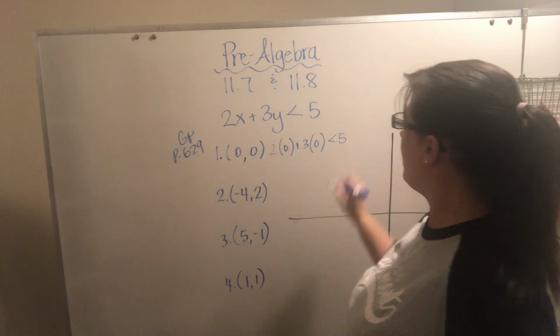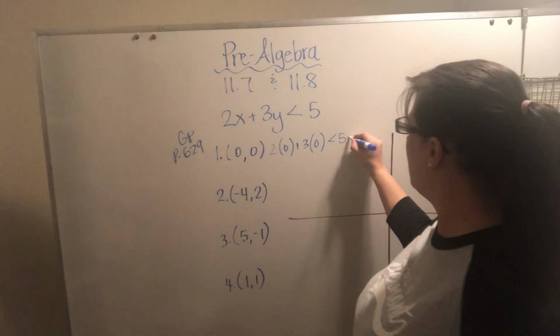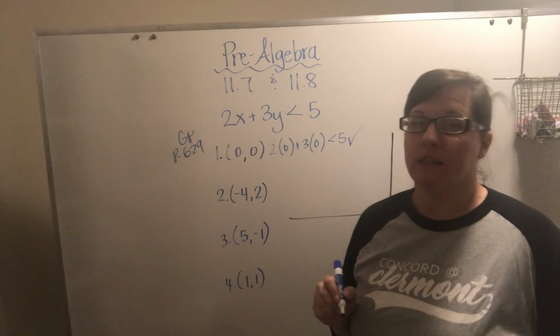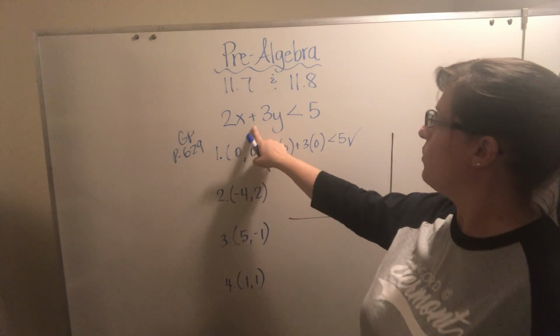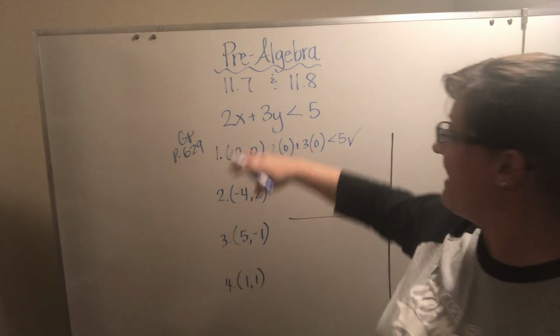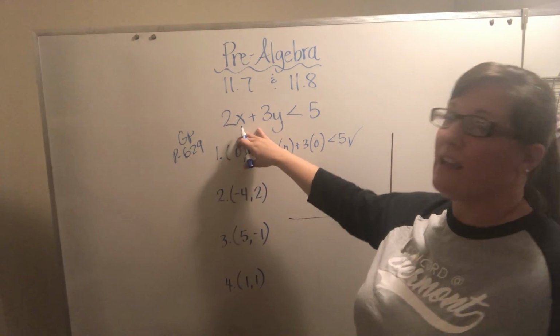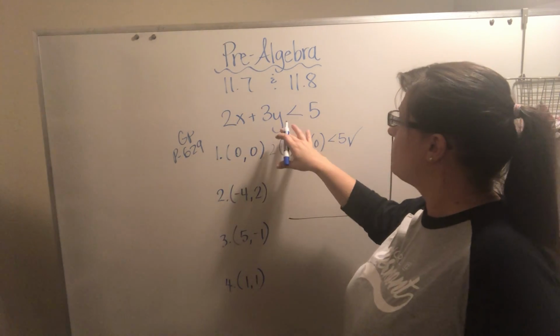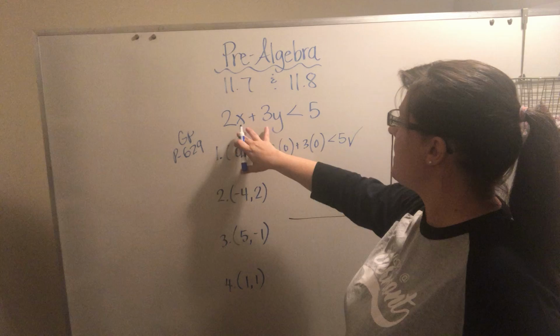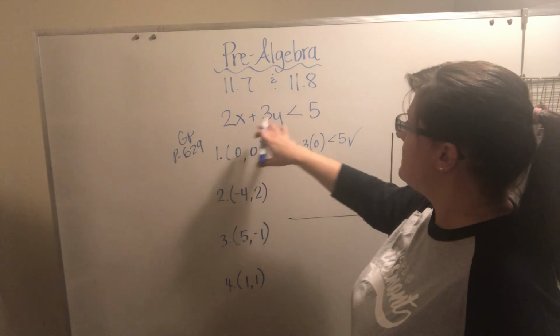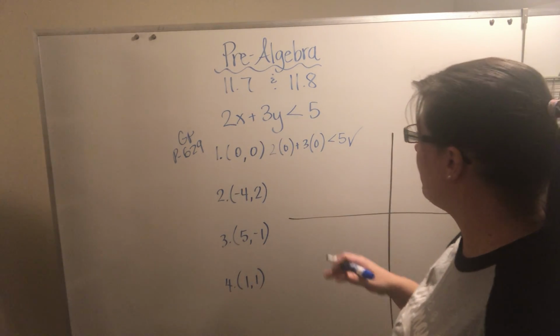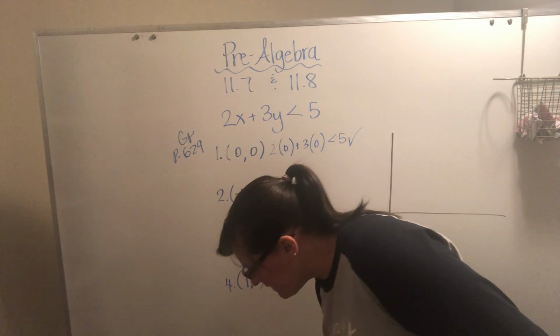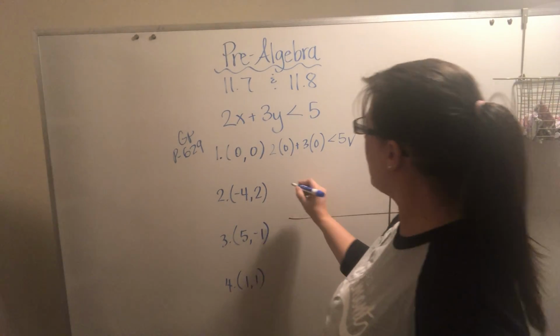Is that less than 5? 0 plus 0. Yes, 0, 0 will be in this area. Will it be exactly on that line? That we'll look at. But what they're asking is, if I plug that in, is that true? Is that less than 5? Yes, it is. So let's look at negative 4 and 2.